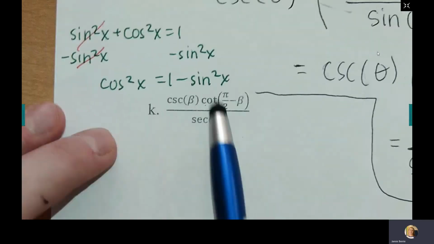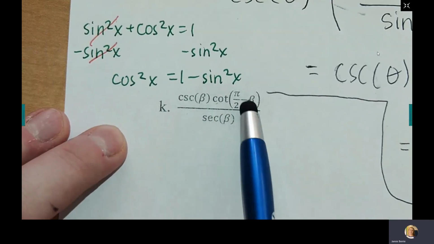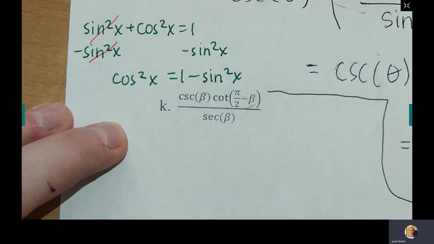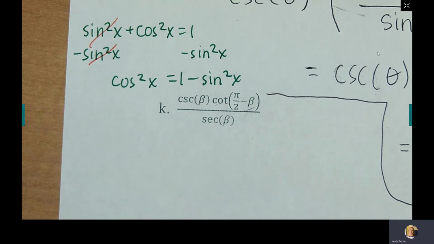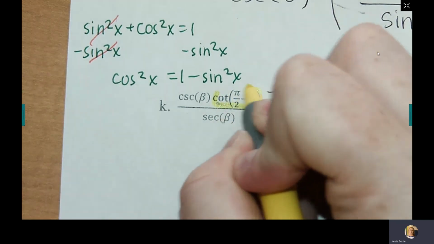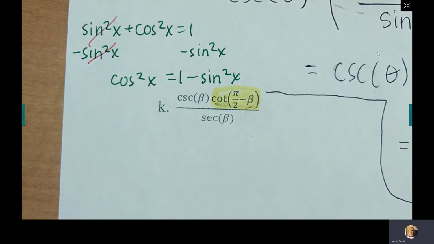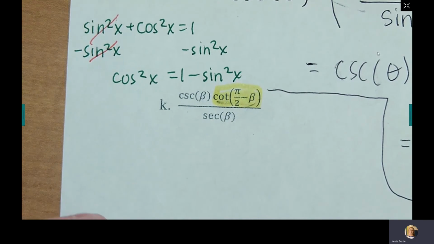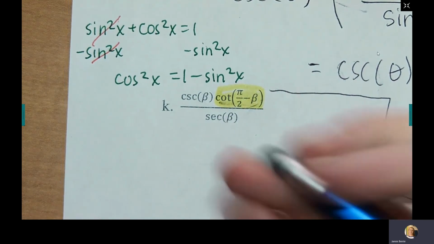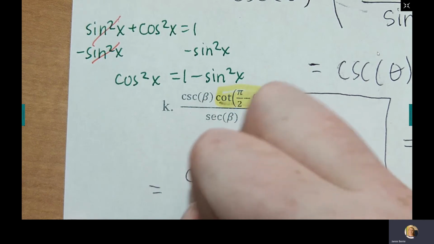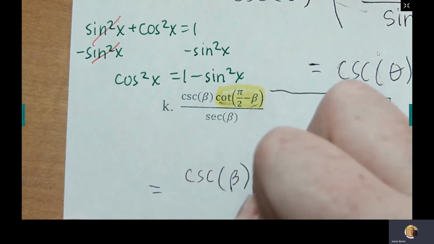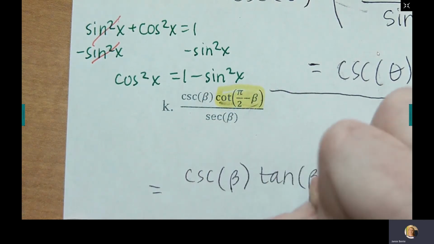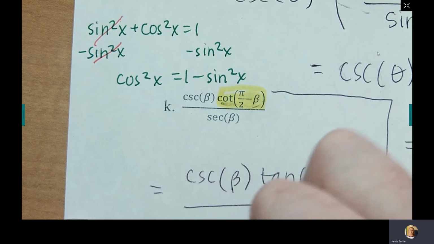So let's change that expression to tangent of beta. I'm just going to highlight what's getting replaced. So this whole thing becomes tangent of beta. Everything else stays the same for right now. Denominator is secant of beta.